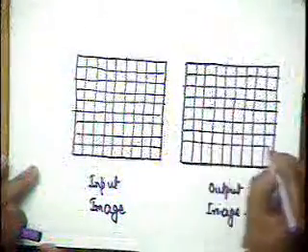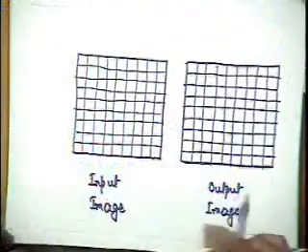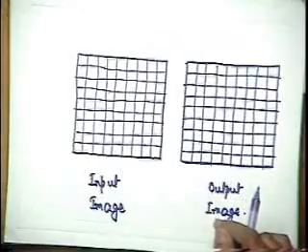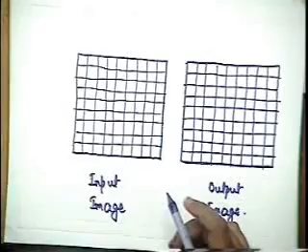Now, for the input image, I just have some intensity levels. So I just randomly choose some numbers, and I keep on filling this input image, assuming that that is my input image.